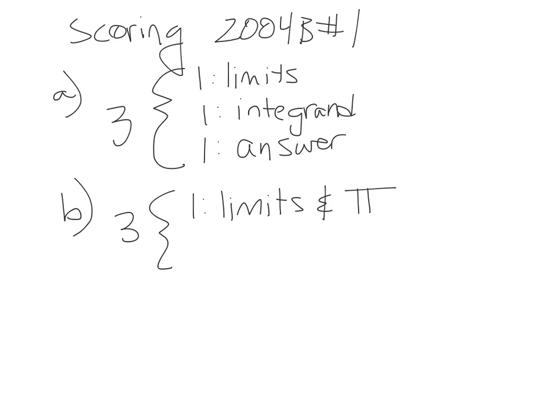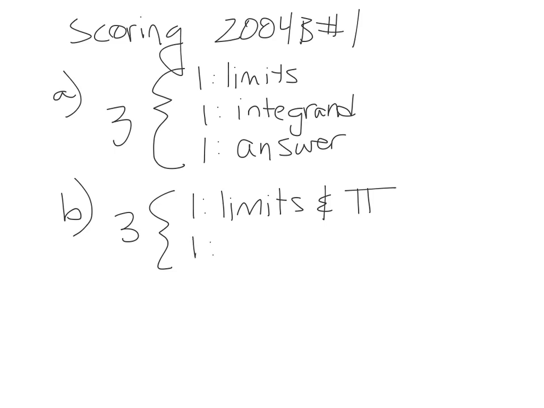Some textbooks teach the formula that way, but anything algebraically equivalent is fine. So the pi can be in front of the integral symbol, or it can be in front of each of the radius squared parts of the integrand. Either place, but having the limits and pi both correct give you 1 point for this problem.